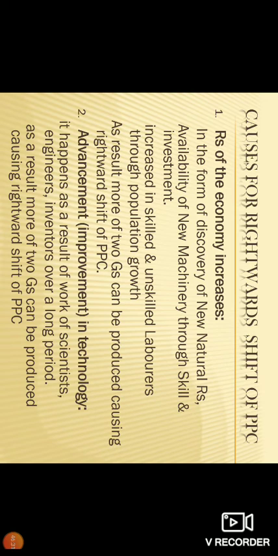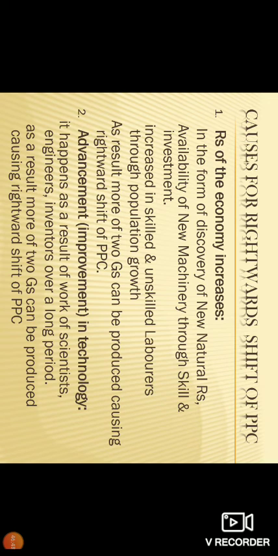Or advancement or improvement in technology, if it happens. Even if we do not have new resources, at least you improve in the area of technology, and the shift can happen. A rightward shift can happen with this second point also.